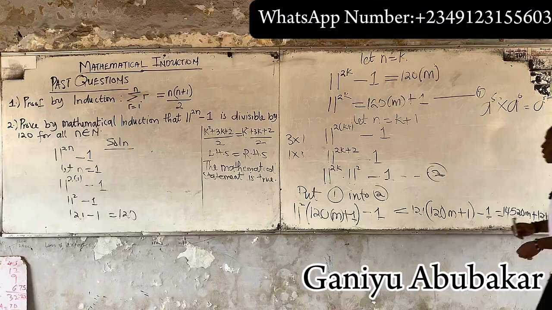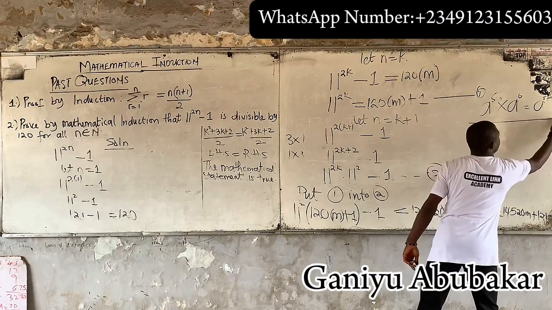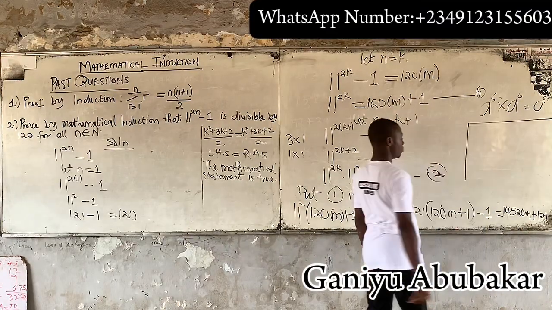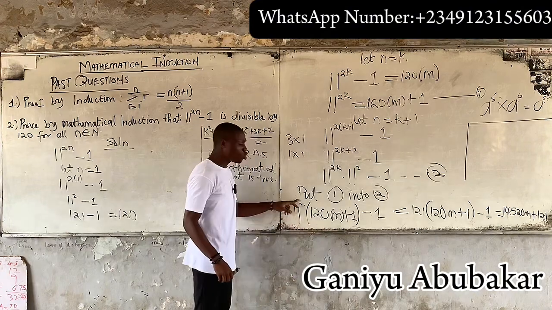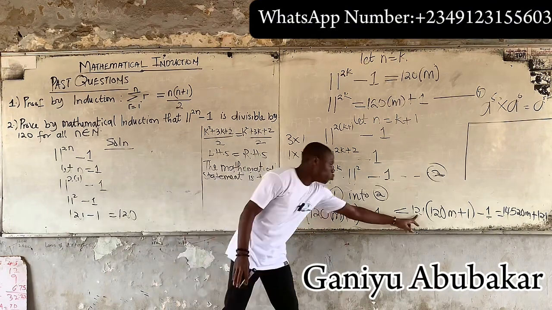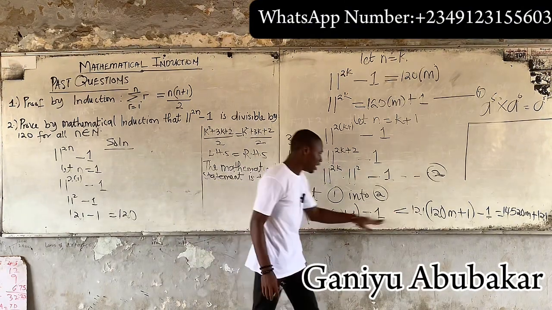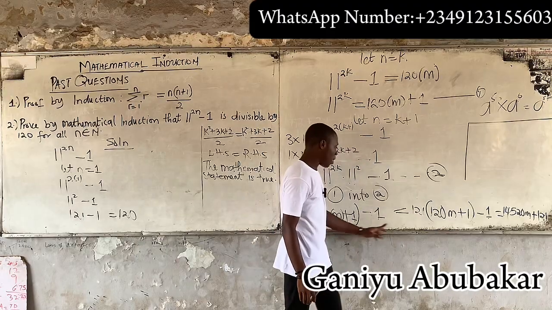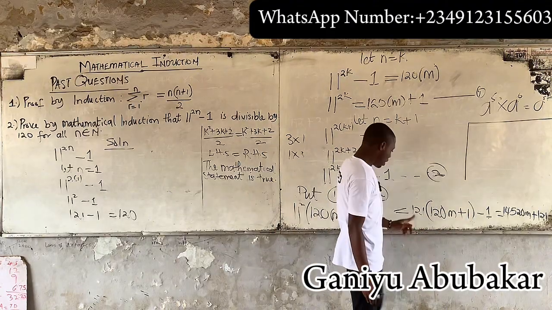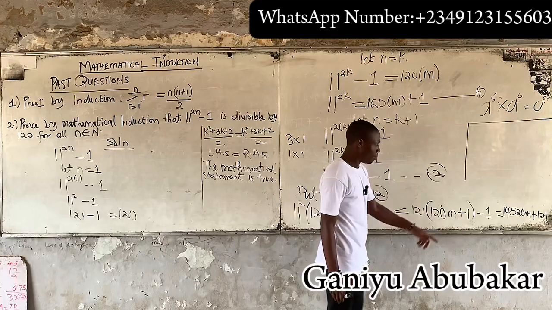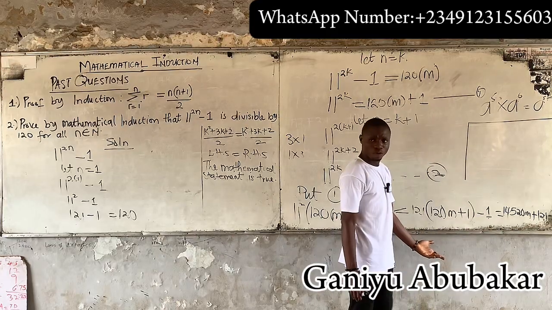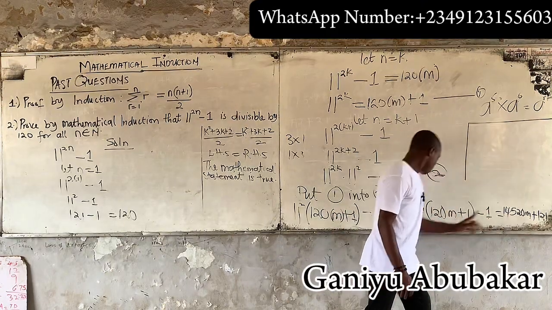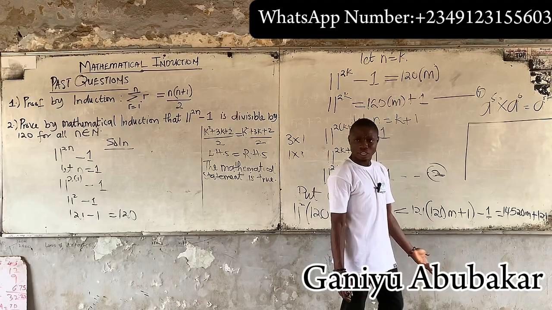So now what do we get here? So let's put our answer here. 11 squared is 121. Repeat what you have in here only. Minus 1, minus 1. Now 121 times 120m is 14520m. Plus 121 times 1 is 121.